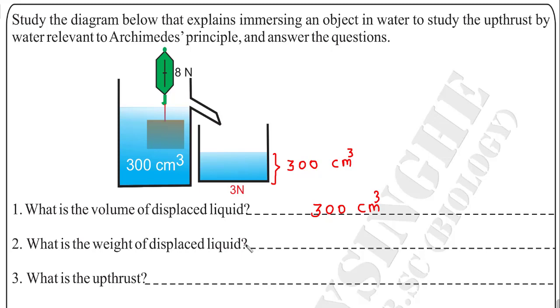But the weight of the displaced liquid we have marked here. Yes, it is 3 Newton. What's the size of the upthrust? 8 Newton minus 3 Newton, 5 Newton.